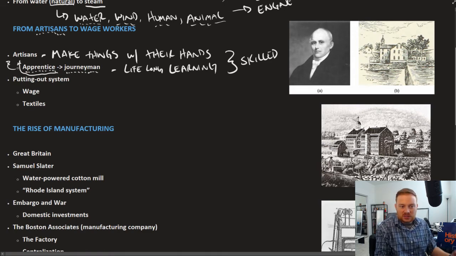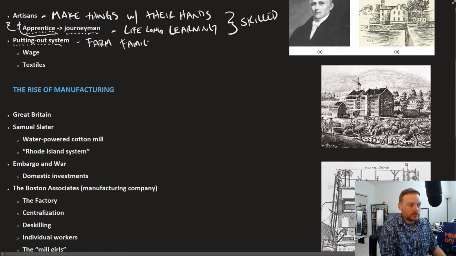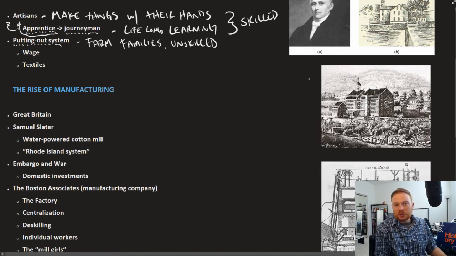However, some of the system began to change a little bit. The putting out system allowed farm families, typically unskilled, to complete parts of the production. These were not journeymen. These were not artisans who had spent their whole lives learning how to perfect a certain craft.